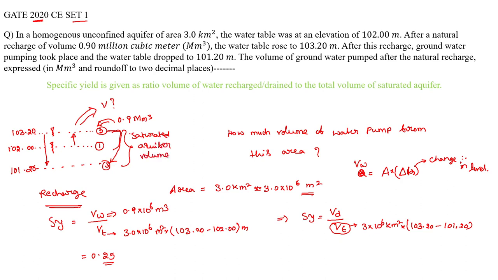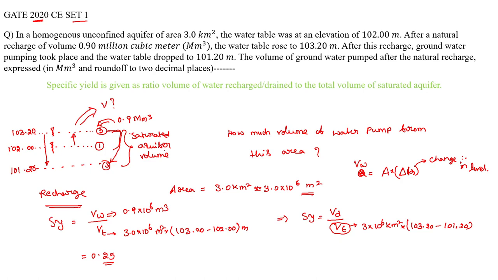From this saturated aquifer volume, some amount of water will be taken out. It may be confusing why we have taken 103.20 minus 101.20 as the volume, because as you know there are two terms. One is specific yield, another is specific retention.